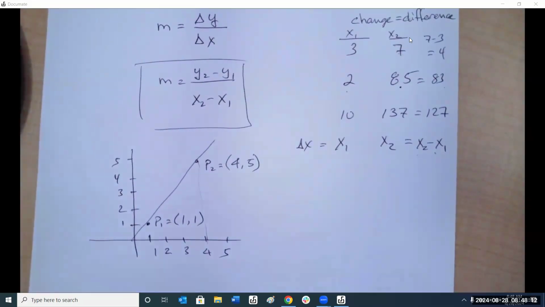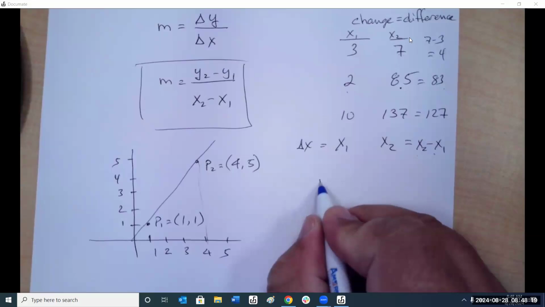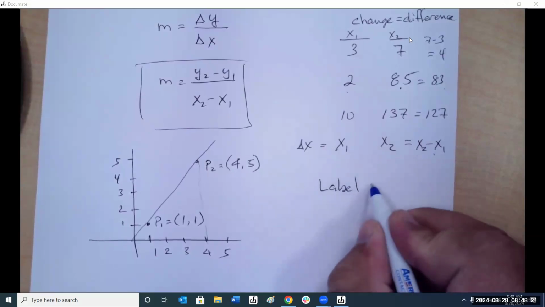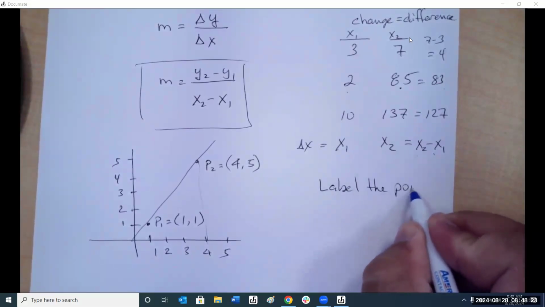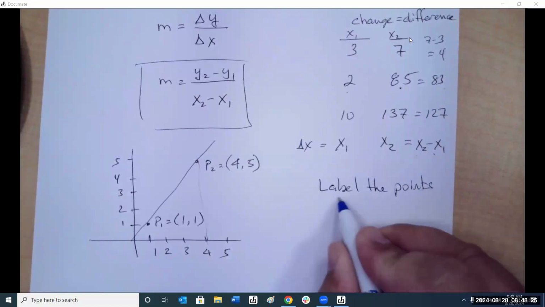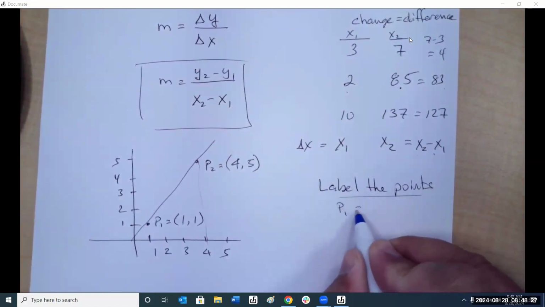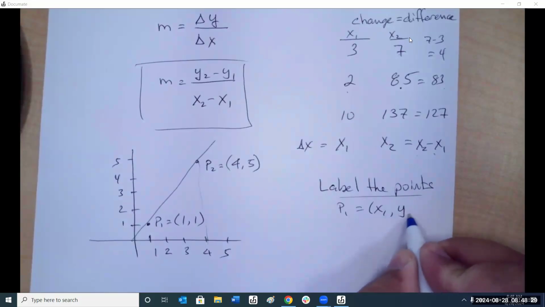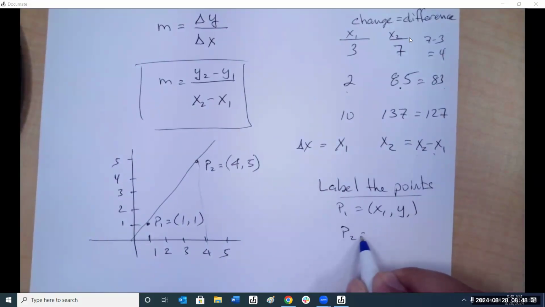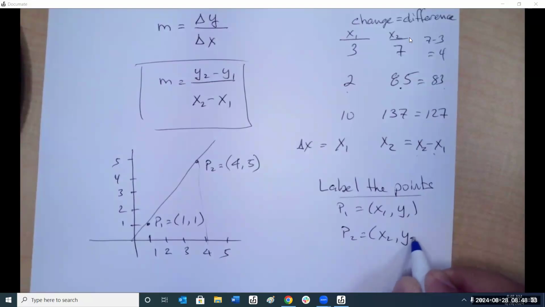So whenever we do anything with slope equations of lines, we have to label the points. So we have point 1 equals x1, y1. Point 2 equals x2, y2.